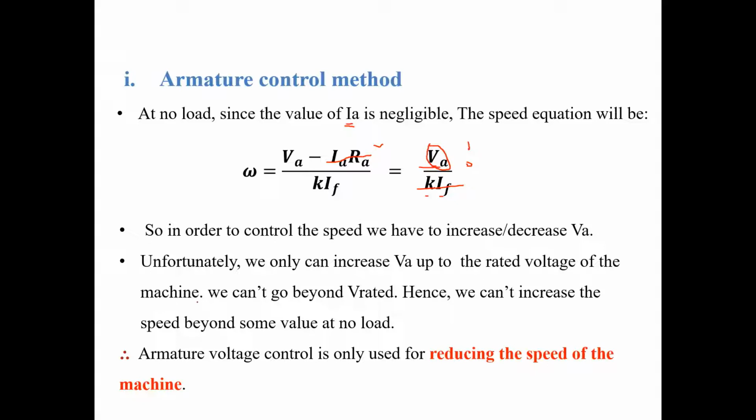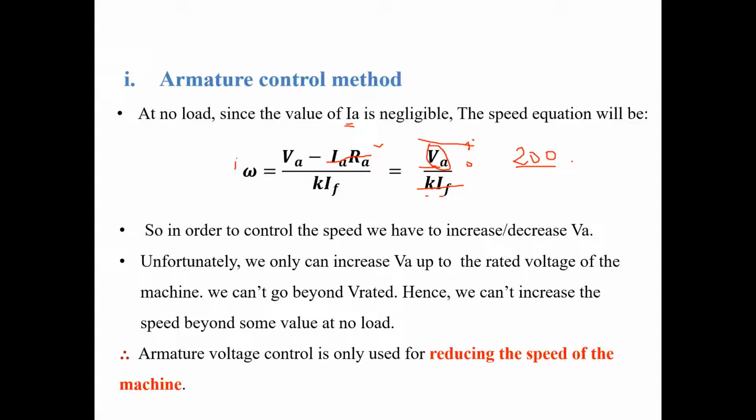If VA is 0, the speed is 0. If we keep increasing VA, the speed also increases proportionally, but the problem is we cannot go beyond the rated VA. If the rated voltage is say 200 volts, the maximum voltage we can apply is 200 volts. We cannot go beyond that.